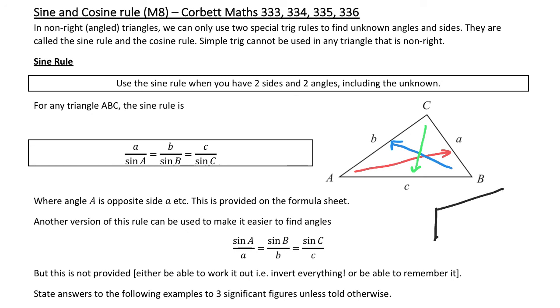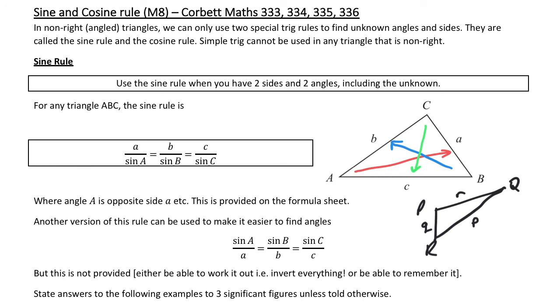So if we had this triangle and it was P, Q, and R, then the side opposite angle P is small p, the side opposite angle Q is small q, and the side opposite angle R is small r. So we always label triangles in this manner.